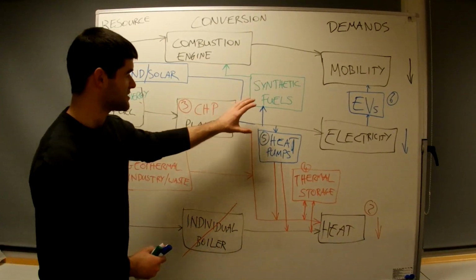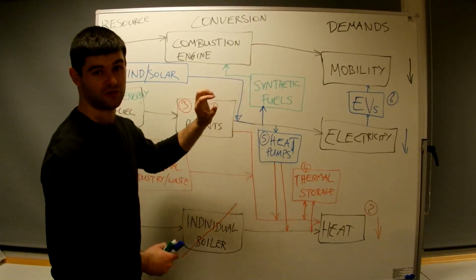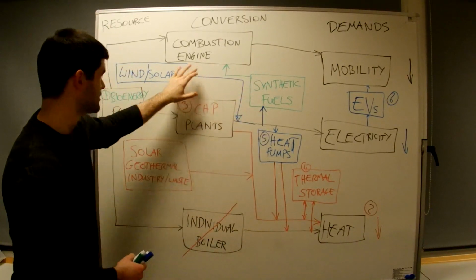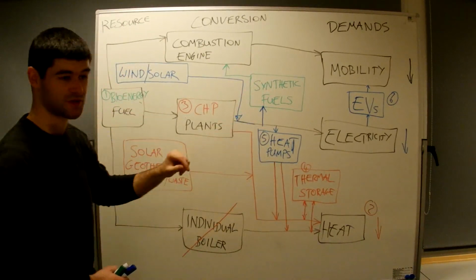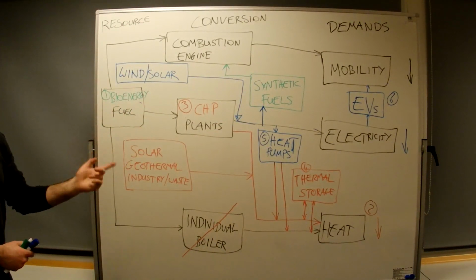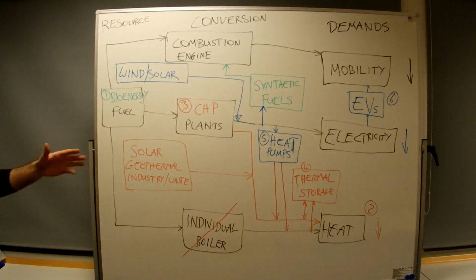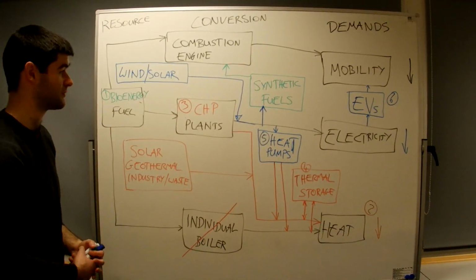The hydrogen will have to come from electrolyzers that use electricity from wind and solar, and the carbon can come from a variety of sources, such as biomass, industry, the air, the power plant exhaust, and so on.